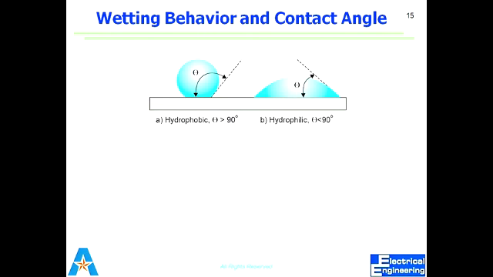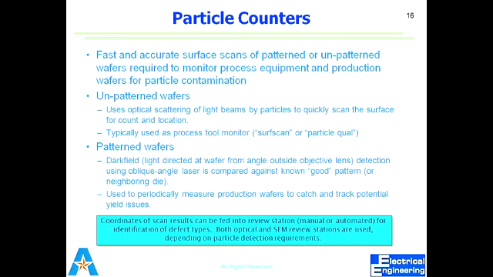Okay. So particle counter, at the last, in order to make sure that your wafer surface is clean or not clean, we have certain equipment that is used to count the particles on the wafer surface, how many contamination particles are on the surface.